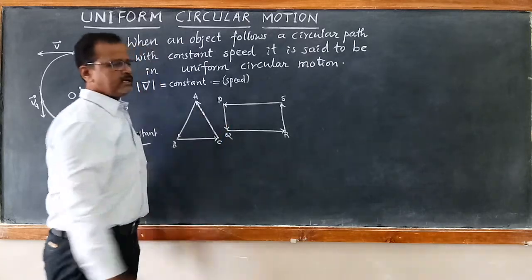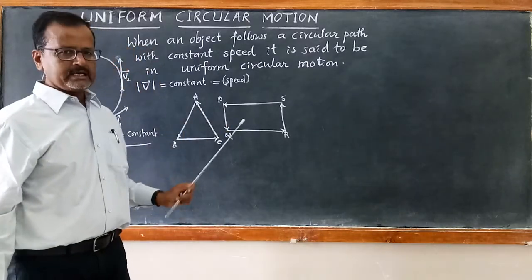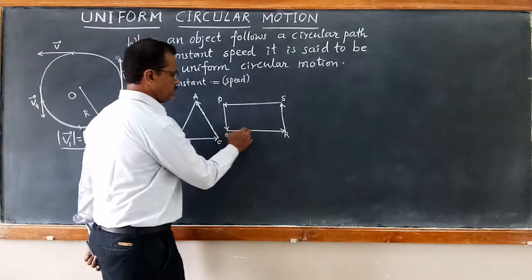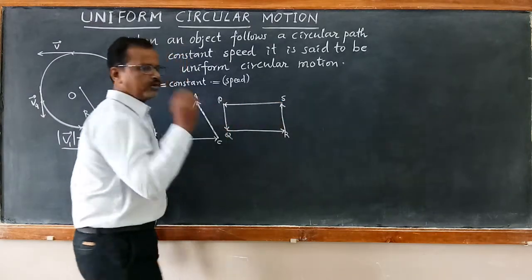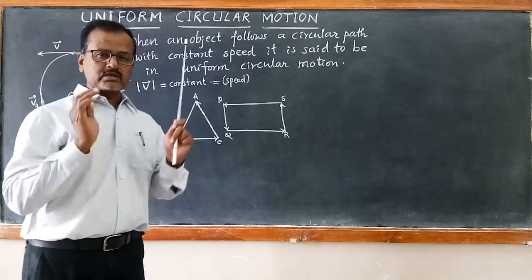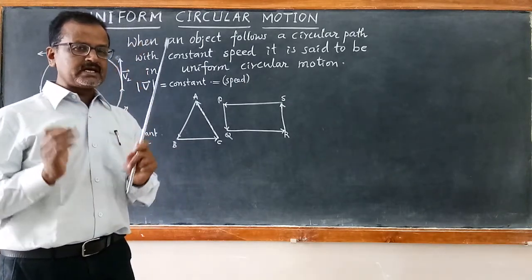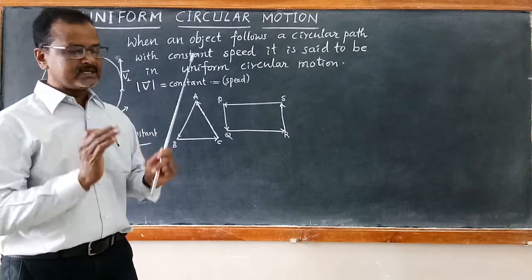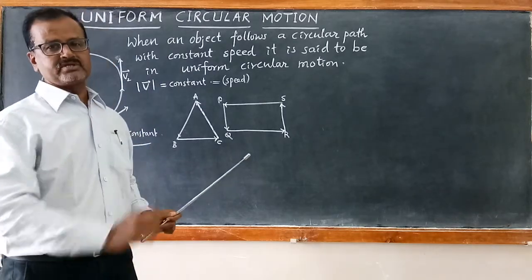So on a rectangular track you change direction 1, 2, 3, 4, four times. Even though you are running with a constant speed, you have four velocities.